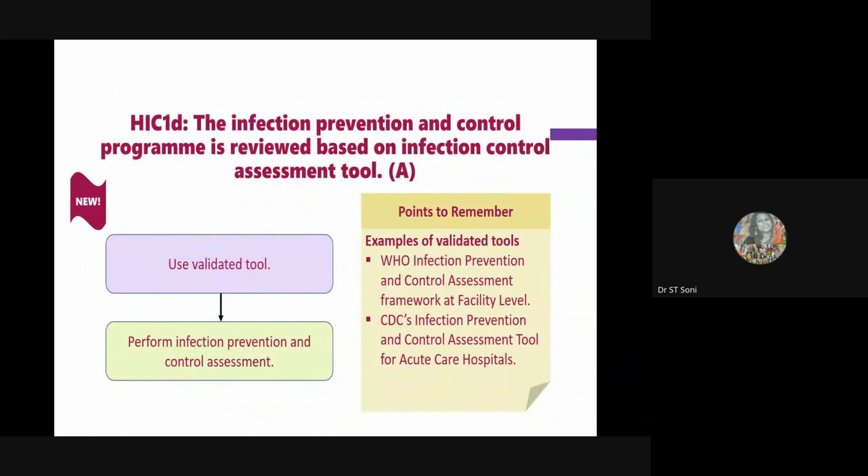We also need to assess our organization based on the tool called IPCAF, WHO's infection prevention and control assessment framework for the facility level, or you can use the CDC tool, so that we know where we are standing. It has 8 different domains, so we know which domain we are strong in and which we need to improve.